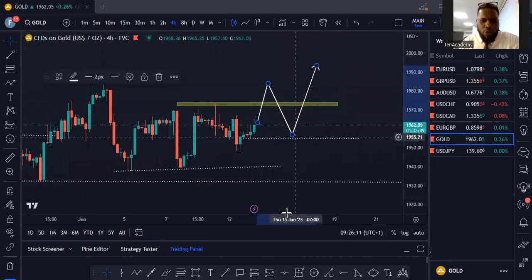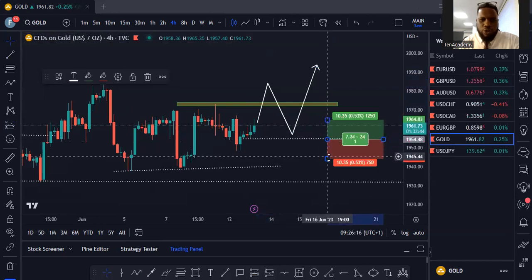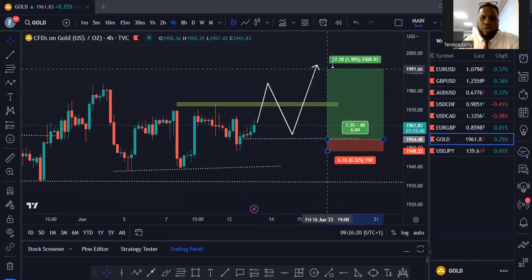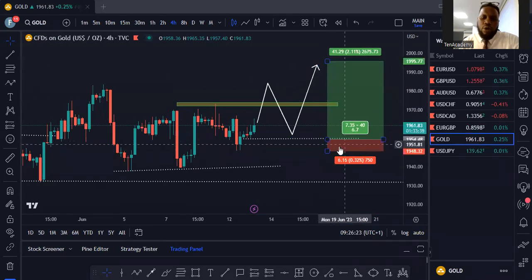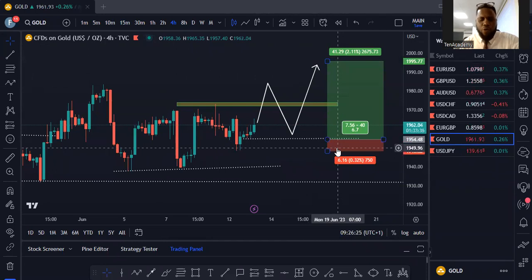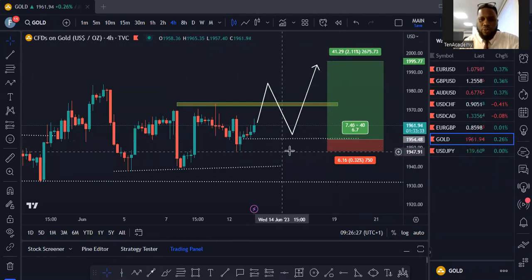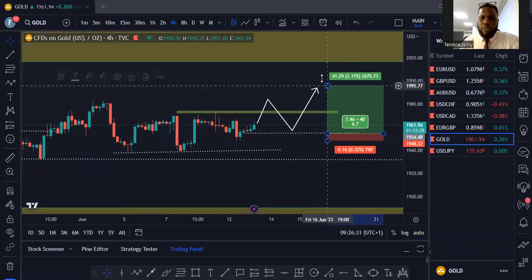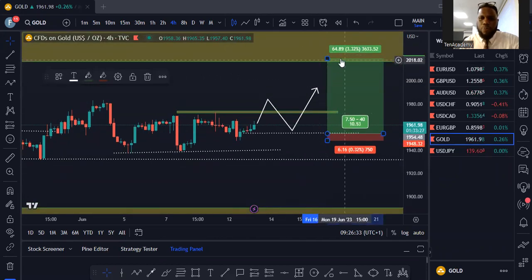So I'm going for entry here. I'm not going to be entering on the 4 hours. I'm letting you know the zone where I'll take entry. So inside that zone on 15 minutes or 5 minute time frame, or even 30 minutes, if you see a setup, it might be a good time to buy, and I'll be buying it into this particular supply zone.